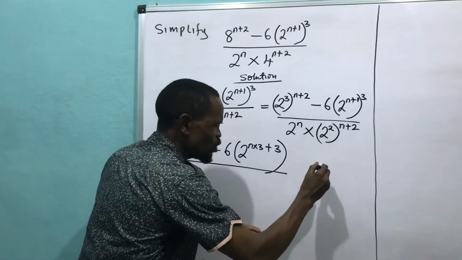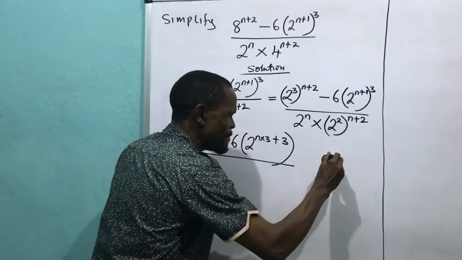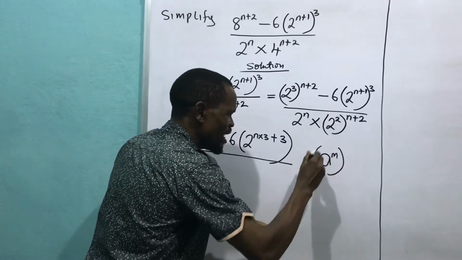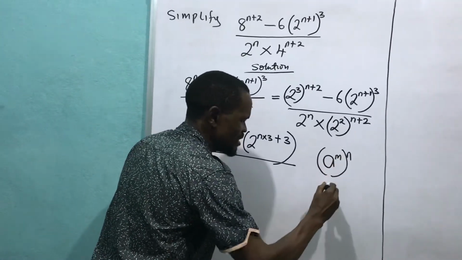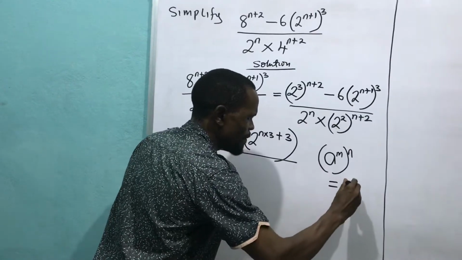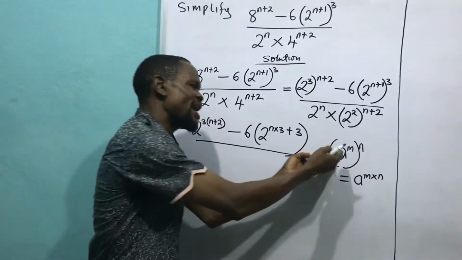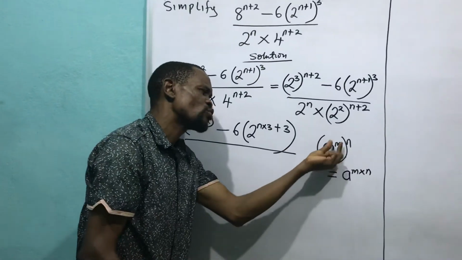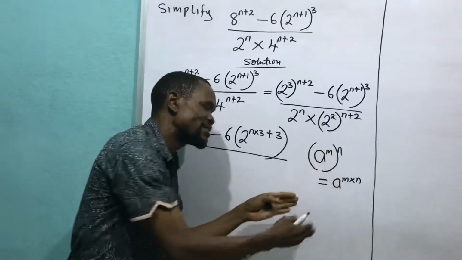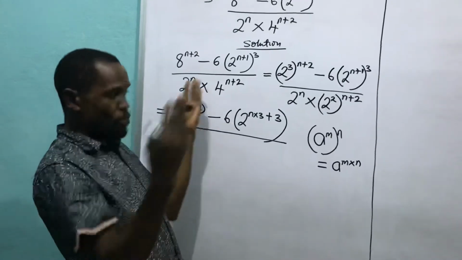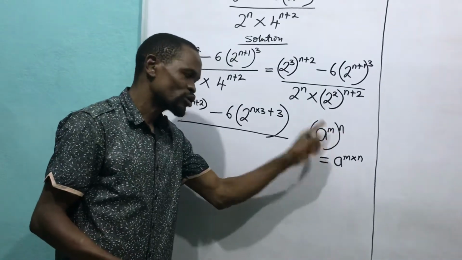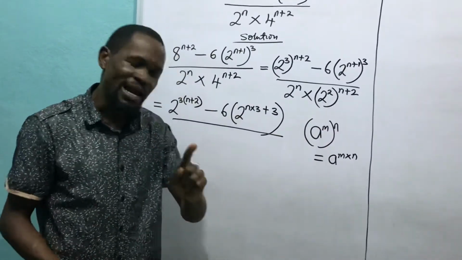You remember what we say: a raised to power m into n is equal to a raised to power m times n. What does it mean? When I have a value raised to a power in a bracket, which we call the power law, if I open it up, the outer power must multiply the power inside.